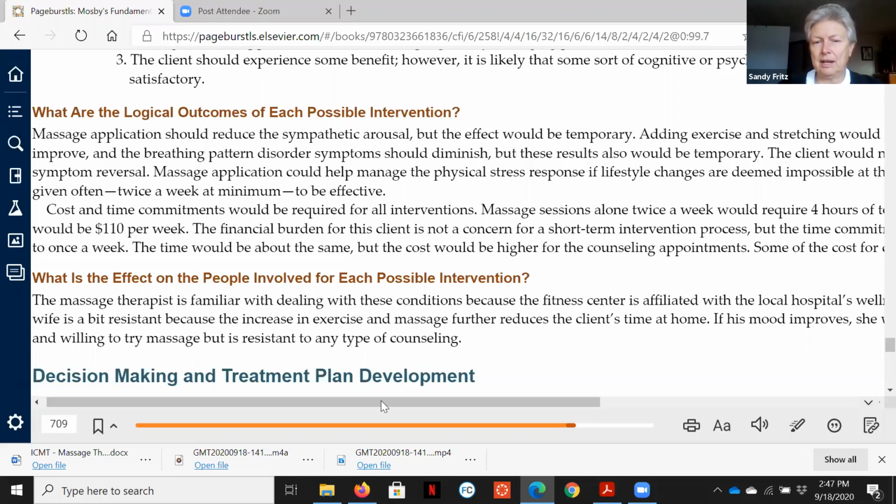So the massage can't help if they won't come in for it, which is practicality. But what's the underlying reason why? And you've got to think about the massage therapist as well in this. Does the massage therapist feel the ability to establish rapport with this client? We can't do that with everybody.